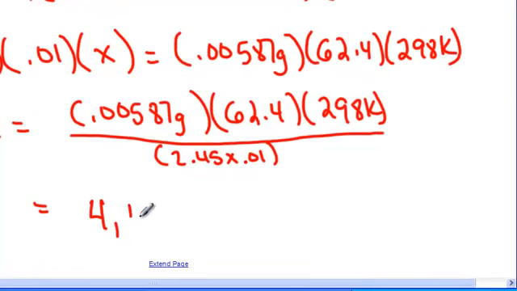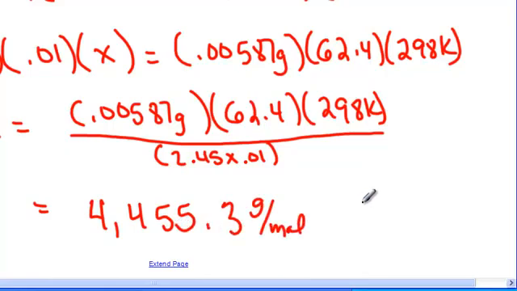I'm showing 4,455.25, I'll round, grams per mole, the molar mass of this protein, which is not a crazy number. It seems huge to us that this formula weight could be 4,000 and something, but these molecules are actually thousands and thousands of atoms long, so that's a very reasonable number.